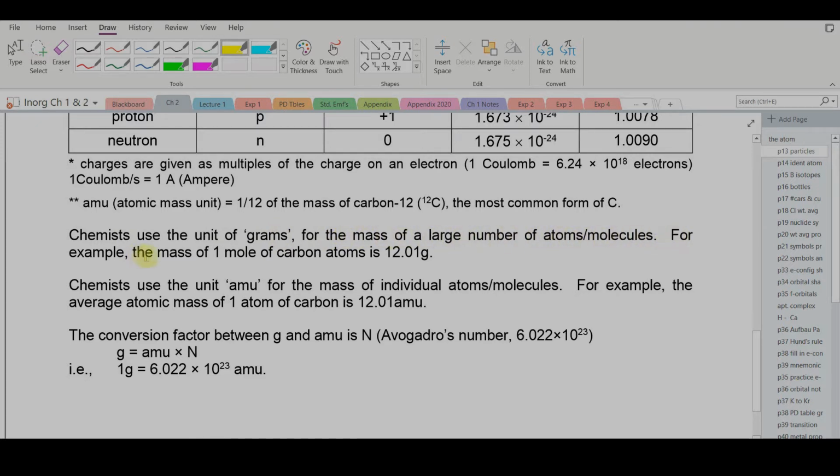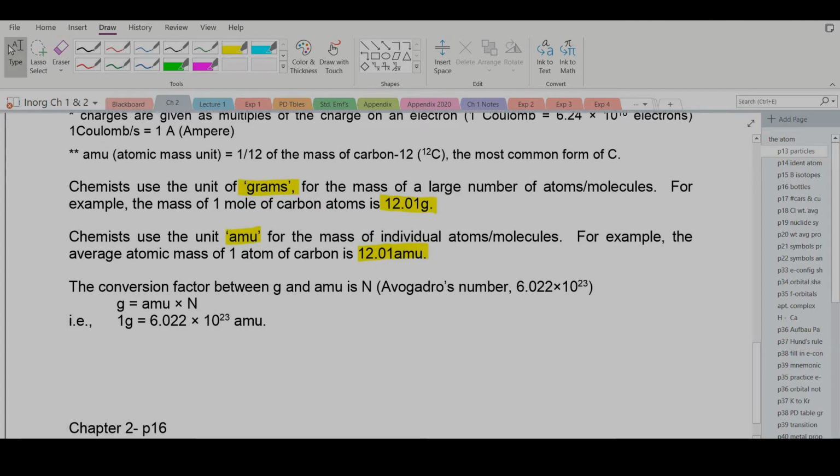So, for example, the mass of 1 mole of carbon atoms is 12.01 grams. Chemists use the unit AMUs for the mass of individual atoms or molecules. For example, the average atomic mass of one atom of carbon is 12.01 AMUs, whereas the mass of a mole of carbon atoms is 12.01 grams.